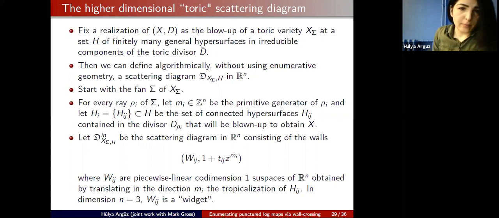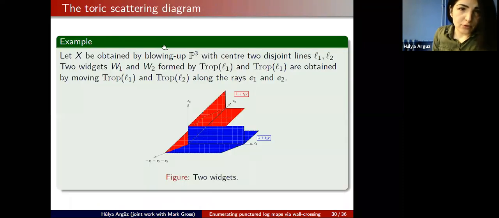And we call these widgets. For example, if you look at our stereotypical example, P3 with 2 lines, our initial walls are going to be, sorry, codimension 1, two-dimensional things living in R3. And what are these things? These things are what we call widgets. They're obtained by taking the tropicalizations of these lines.